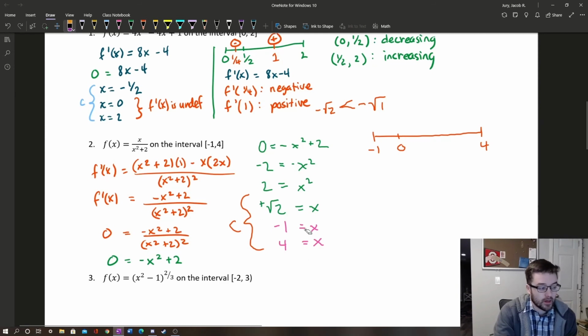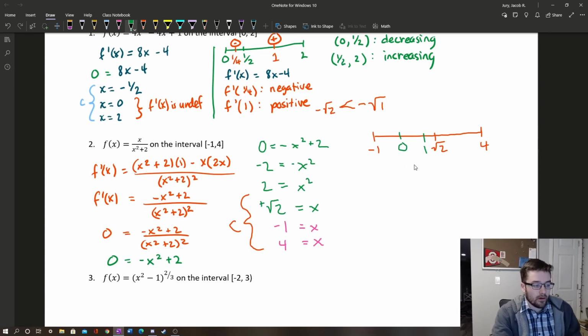We just have positive radical 2 in our interval, so I'll put 1 right here, which is not part of our interval. And radical 2 is somewhere just outside of 1. We don't really need to know the exact value. If you want to figure out the exact value, you can, but I'll label 0 green as well because it's not part of our critical numbers. But we only have 2 intervals, negative 1 to radical 2 and radical 2 to 4.